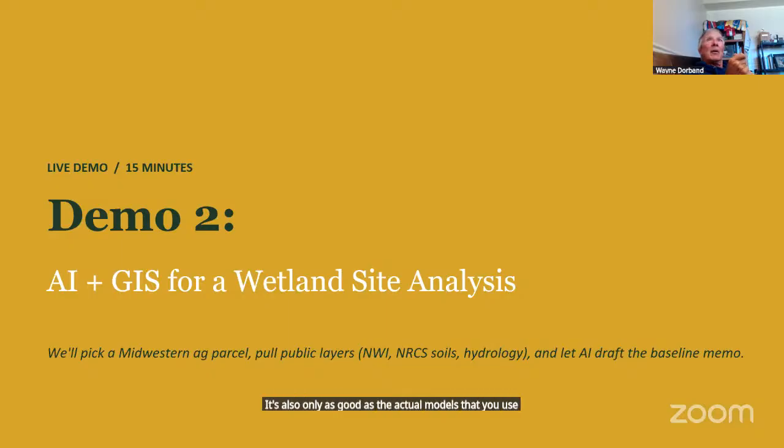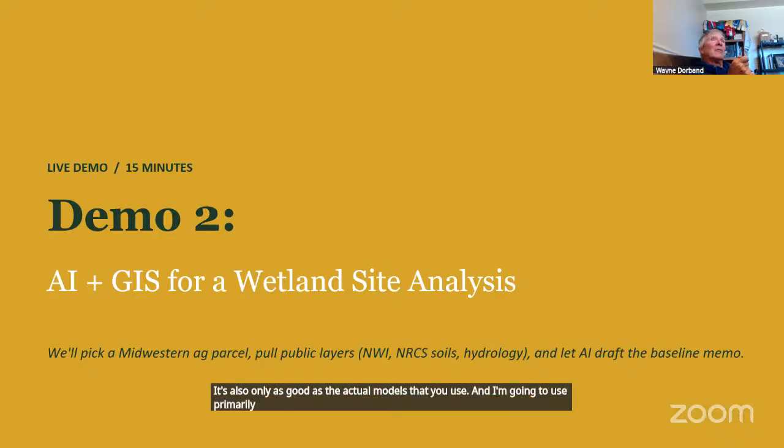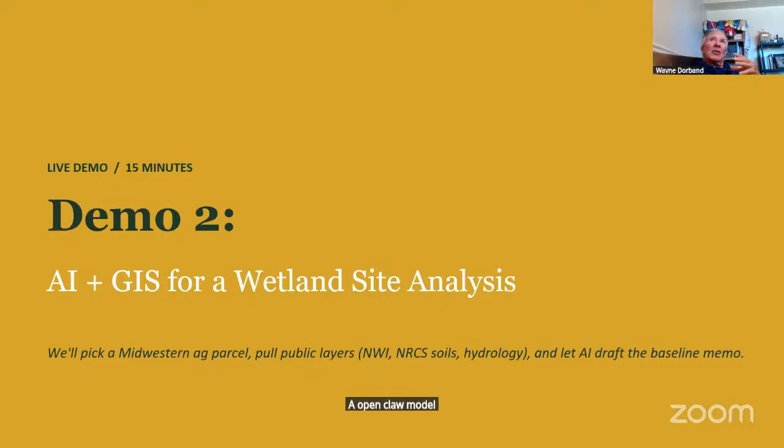And I'm going to use primarily an OpenClaw model today. As a little bit of review for you, OpenClaw is a generic term for letting the software you're using choose what large language model is best to use depending on the prompt that you give to it.